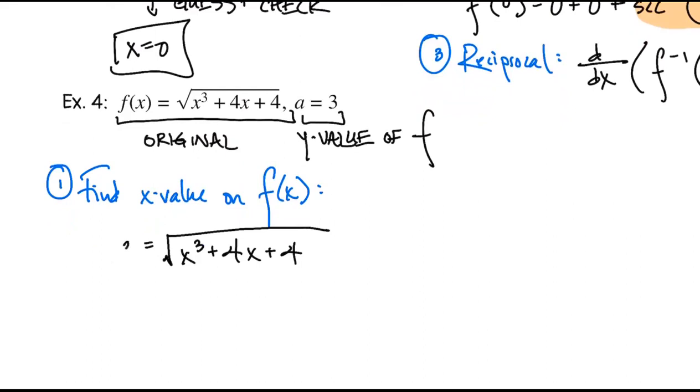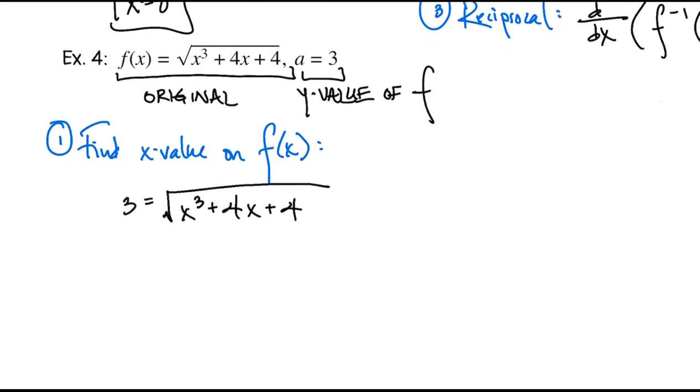Yeah, we're setting it equal to 30, okay? Now, I think that this one, we could definitely plug in some numbers, right? So take a moment, try and plug in some numbers. Again, we are guessing and checking to see what x values make this work.